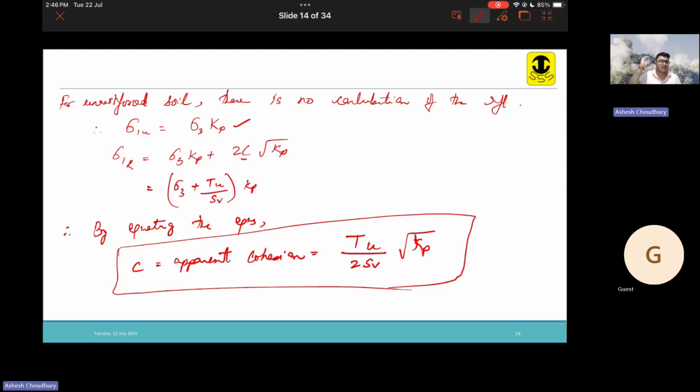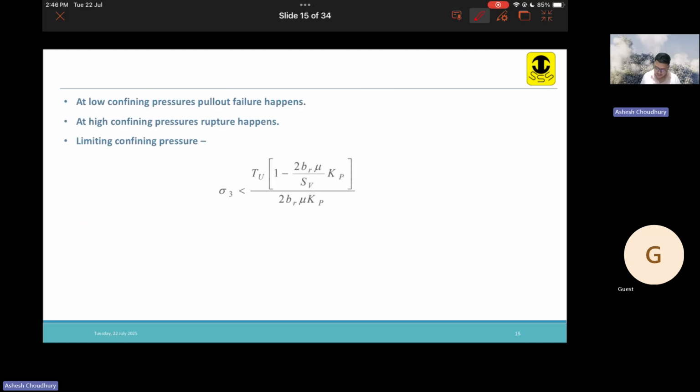Initially we saw that there are two types of explanations that can explain the increase in strength. One is the increase in friction angle, other is the development of apparent cohesion. So when rupture is the mode of failure, apparent cohesion defines the increase in strength. Okay. Next is the pull out failure.